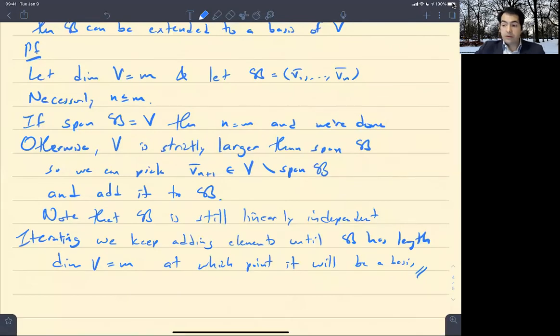So even simpler than our algorithm that started with a spanning set and removed elements until we had a basis, we start with a linearly independent set and we keep adding elements until we get a basis.